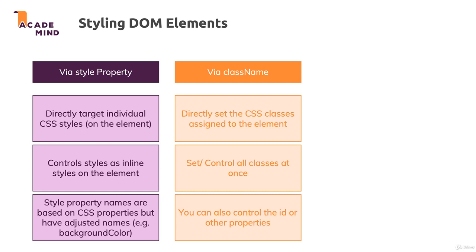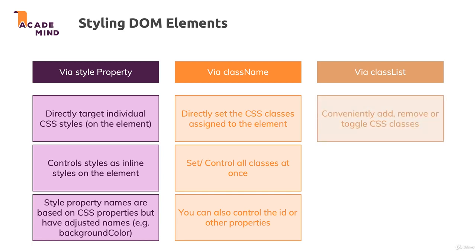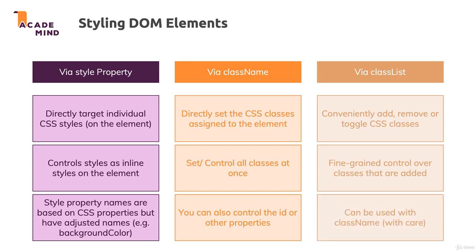To make that a bit easier, all these element nodes also have another property, the classList property, which is in the end a JavaScript object and not just a string like className, but an object with a couple of built-in methods that make it easy for you to add, remove, or toggle CSS classes, so that it's easier for you to manage individual classes and not having to do the string micromanagement that you have to do with className. It gives you fine-grained control over the classes that are added, and you can even use it in conjunction with className, though you should be careful that you don't overwrite each other, and typically you use either of the two.